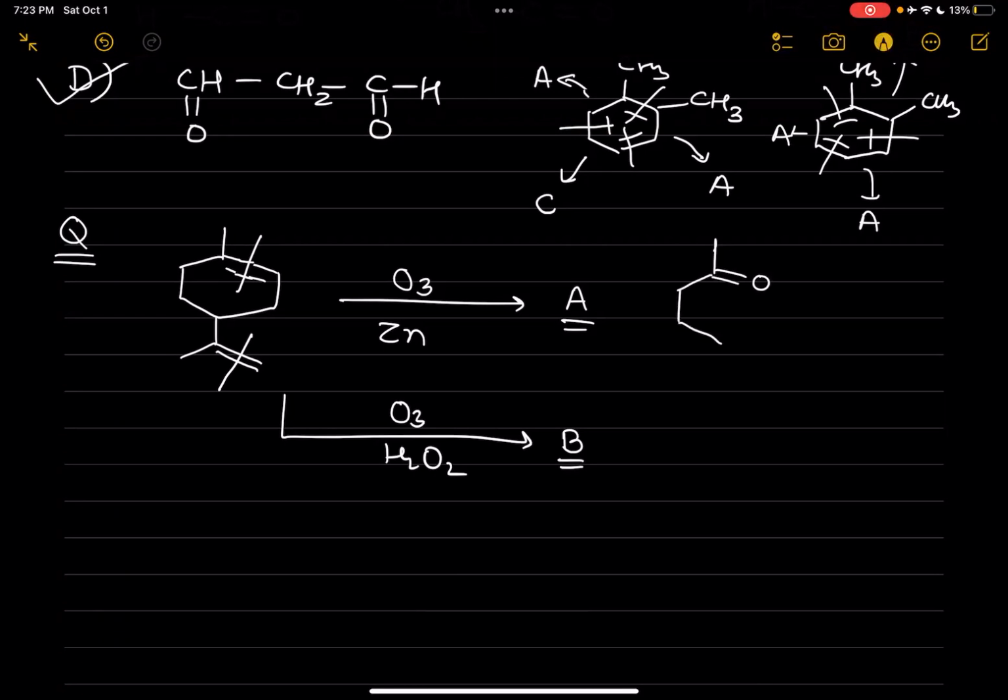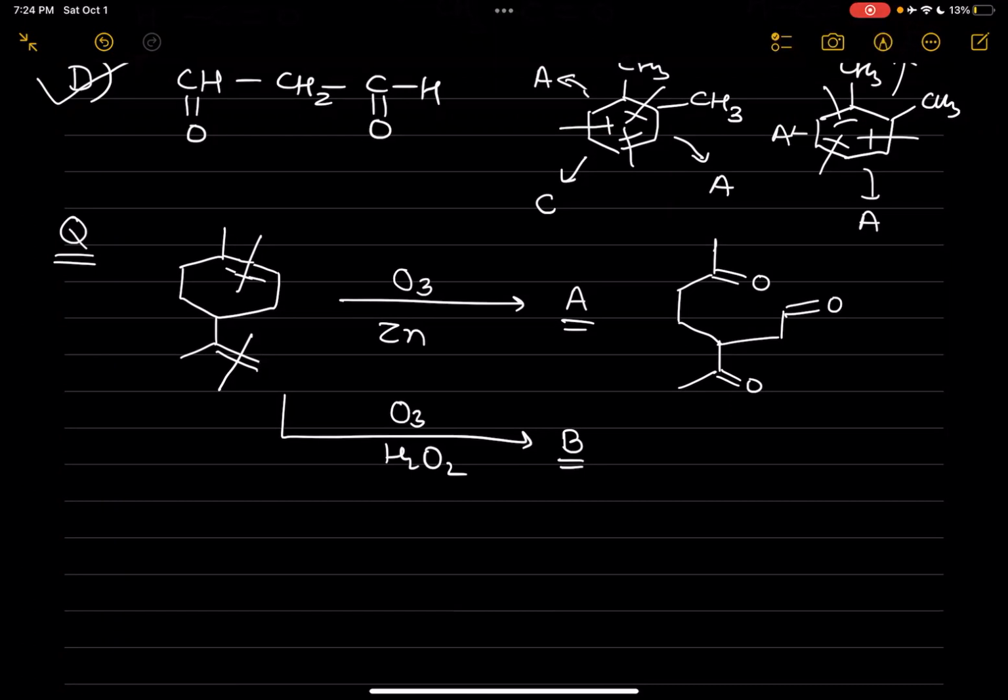Okay. Right. And what is this portion going to come out as? There is one carbon atom. So all the aldehydes will become alcohol. I mean, carboxylic acid. Yeah.